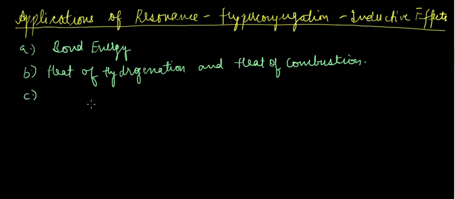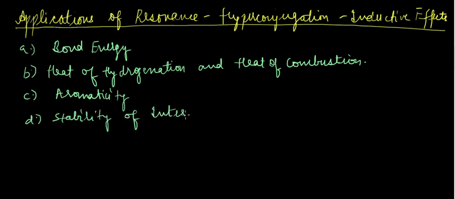Then we'll be talking about aromaticity, then stability of intermediate, and finally acid base. So how these concepts are going to be affected by the concepts of resonance, hyperconjugation, and inductive effect, which can be seen in different compounds. So we'll be seeing the application of these three effects in these broad areas.